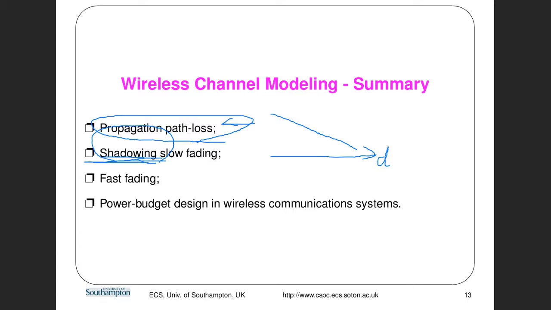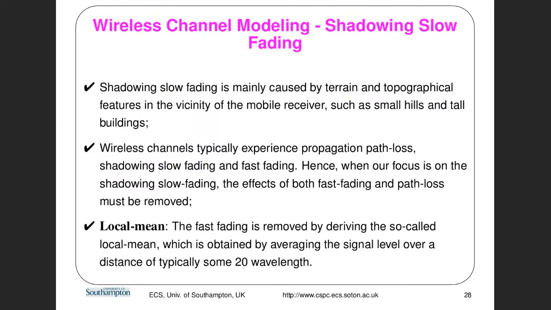So let's look at the shadowing effect. The shadowing effect is caused by buildings or hills that are in the vicinity of the receiver, so it would cause a sudden blockage for the signal reception.